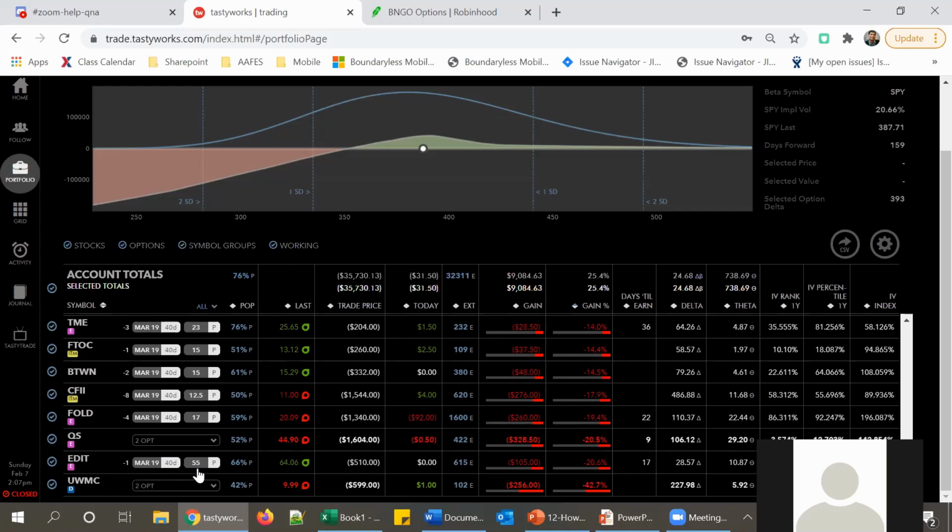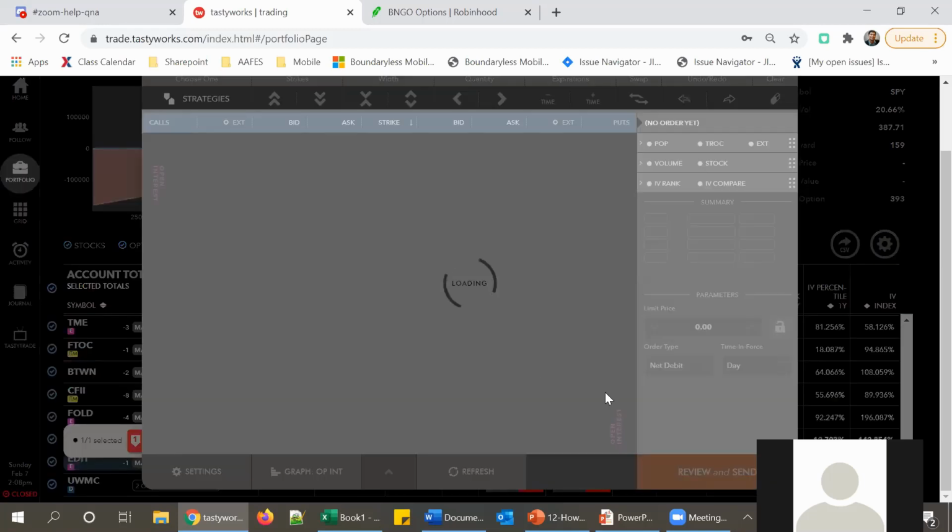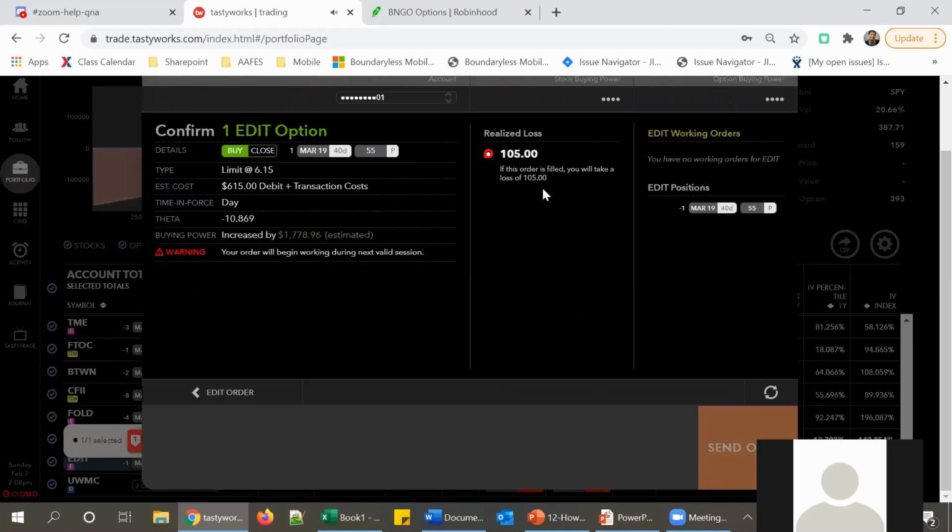Let's see edit. Edit is showing me I am losing this money, minus 20.6%. Of course, March 19th is a little far, but if I try to close it today, I'm going to lose money. I'll close this, realize a loss of $105. This is what I'm telling you, that if you don't want to take assignment, you can close it early by taking a loss.